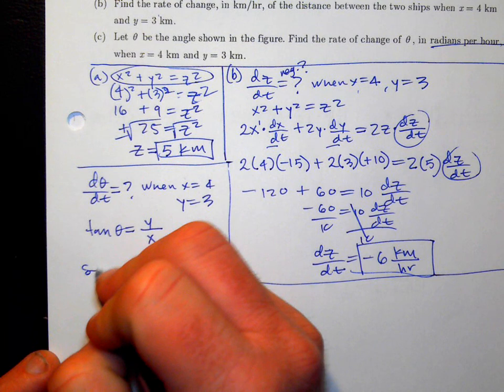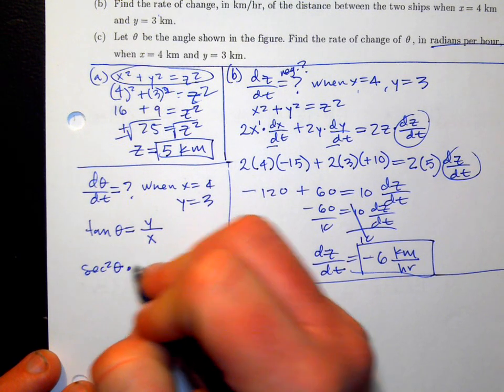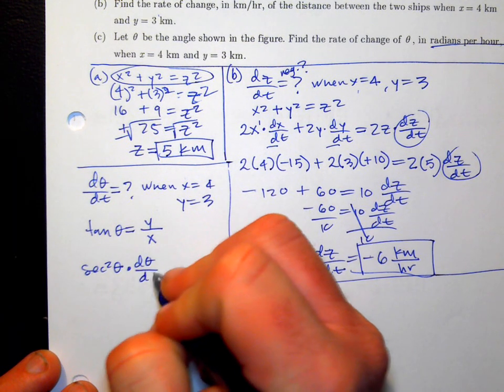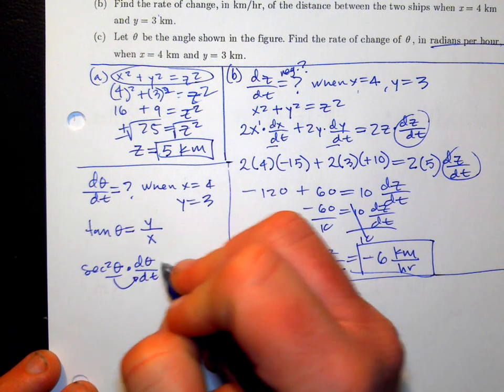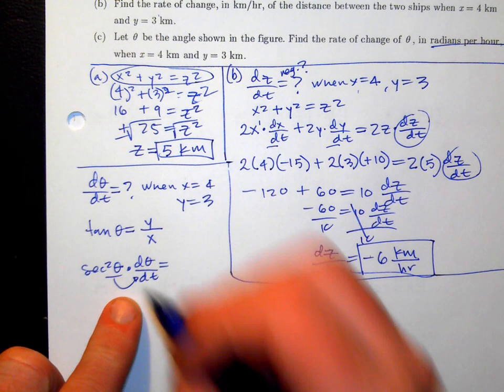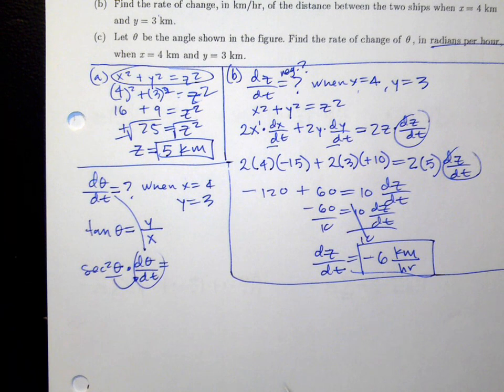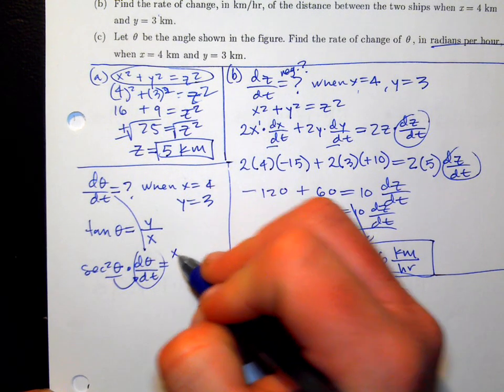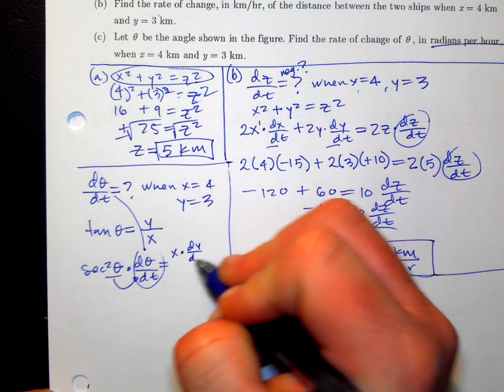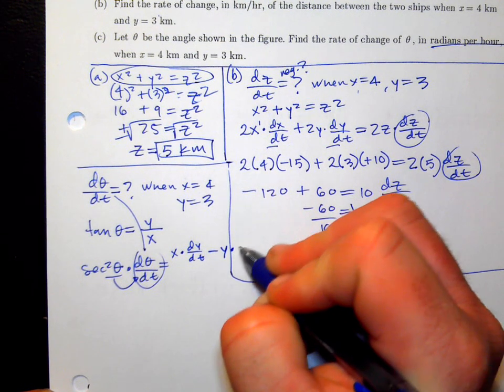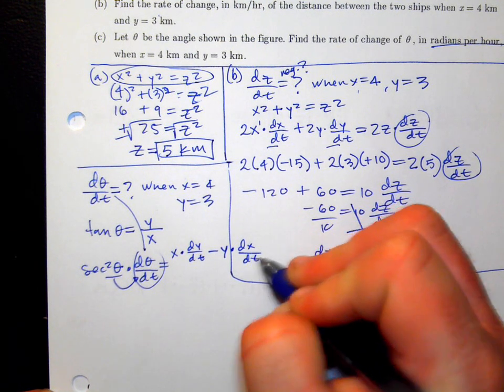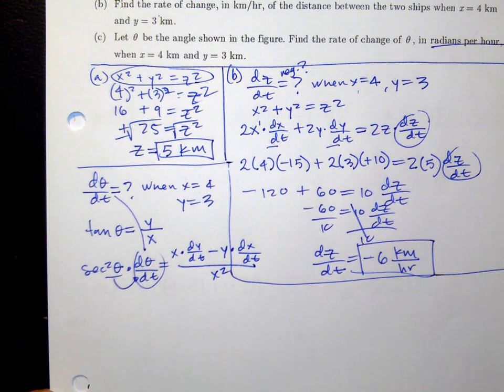The derivative of tangent is secant squared theta, d theta dt. That's that chain rule, implicit, so you should get a d theta dt because that's what you're trying to find. Over here, we're going to do quotient rule: low d high minus high d low, all over low squared.